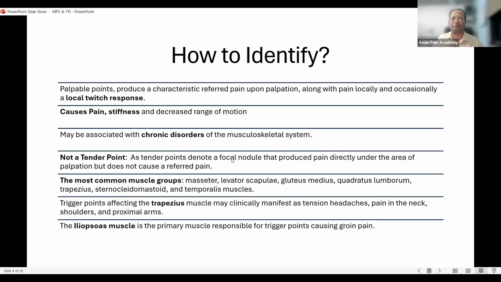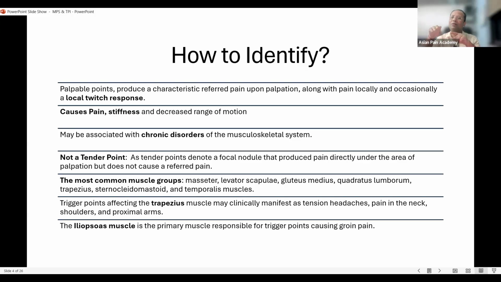I have seen many Parkinsonism patients that may develop this type of pain. Not a tender point. Tender points are common in fibromyalgia, and trigger points are the hallmark in myofascial pain syndrome. What is the difference? With a trigger point, when you press it, the pain is a referred pain.